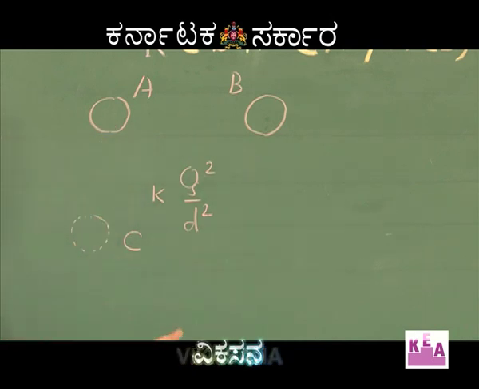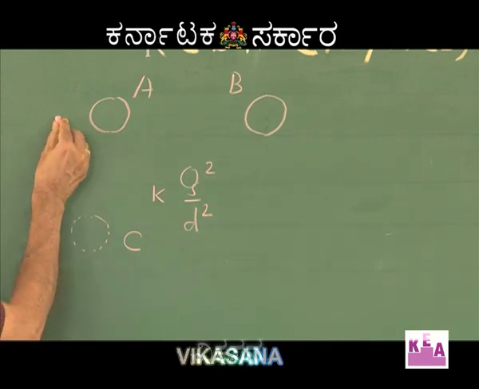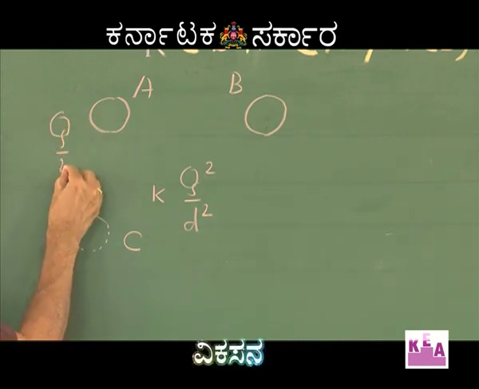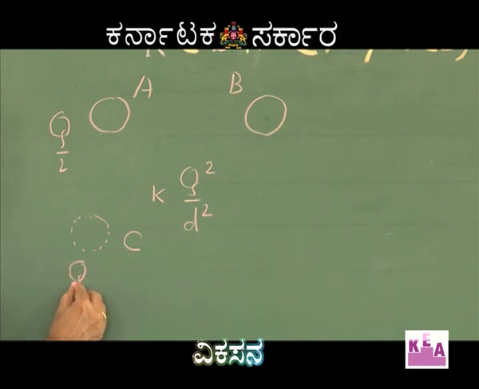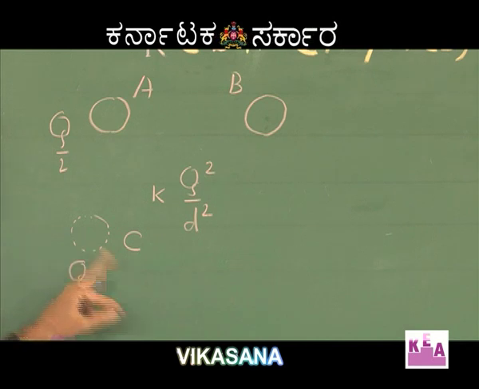Since the charges are only on A but not on C, and since the dimensions of the two spheres are the same, the charge on A and C will be the same only when they are equally divided. Hence, the charge on A will be Q by 2 and the charge on C will also be Q by 2.